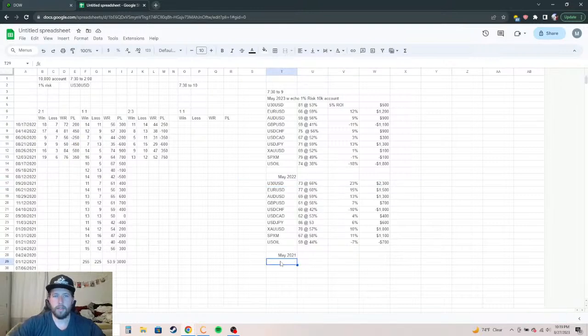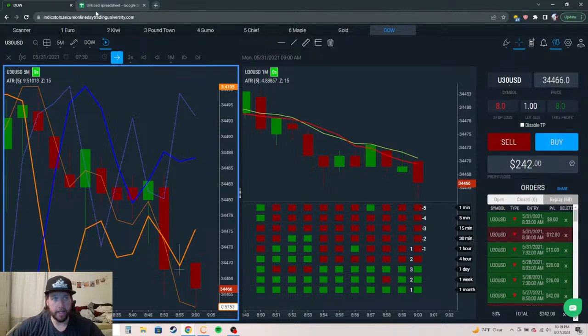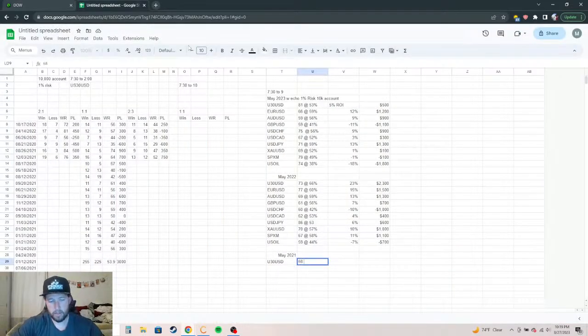And that was the Dow. 68 trades at 53%, which is a 4% return on investment for the month, which is, again, assuming a $10,000 account, risking 1% on a 1-to-1 risk-reward ratio. That is a $400 profit.